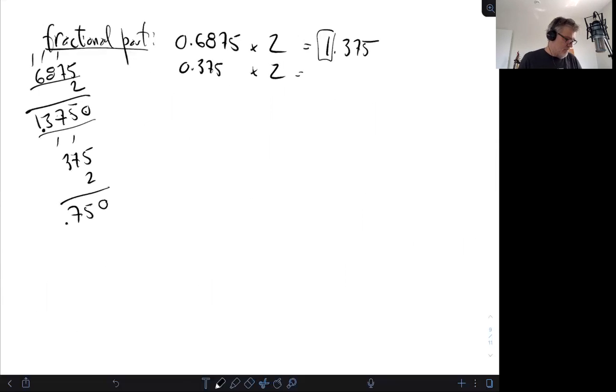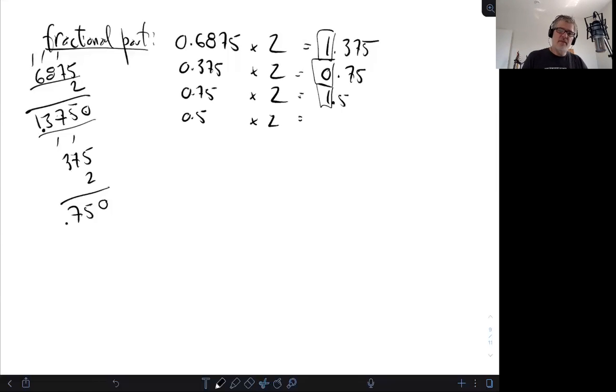This is 0.75. Okay, I can drop the 0. Repeat with the fractional part. 0.75 times 2. This is easy. This is 1.5. And then 0.5 times 2.